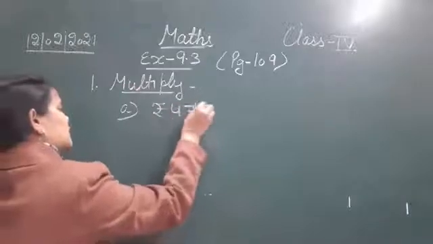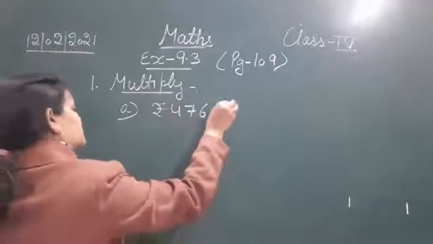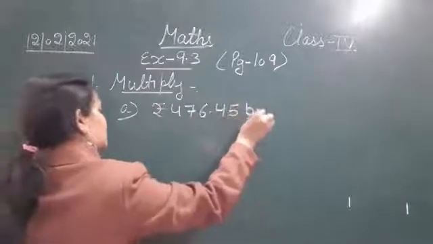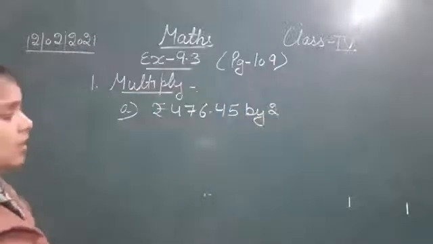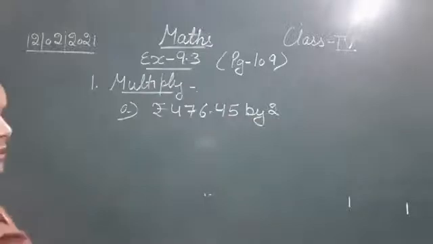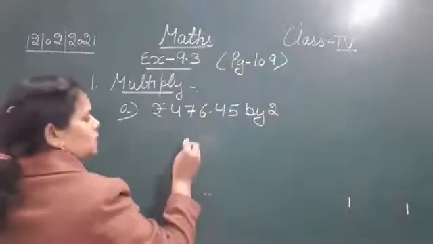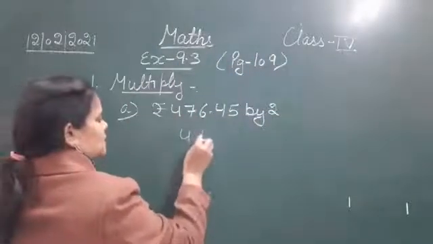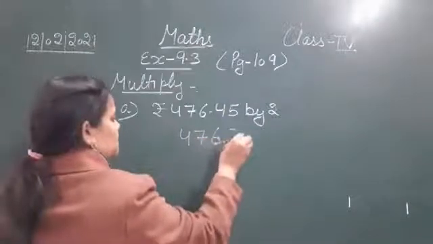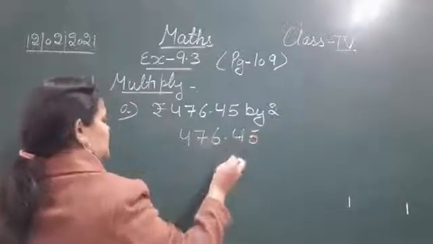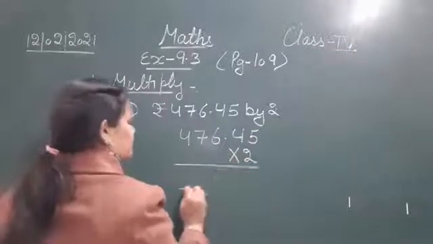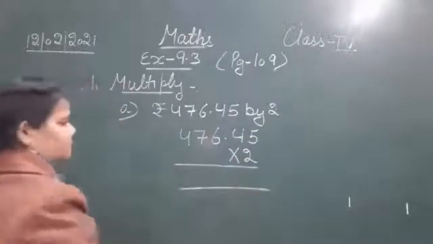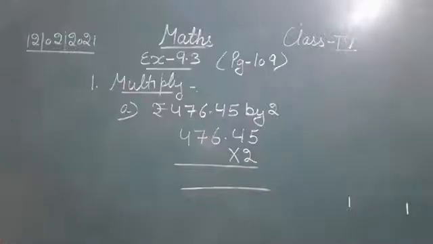So let's multiply this number. We will multiply 476 rupees and 45 paise by 2.